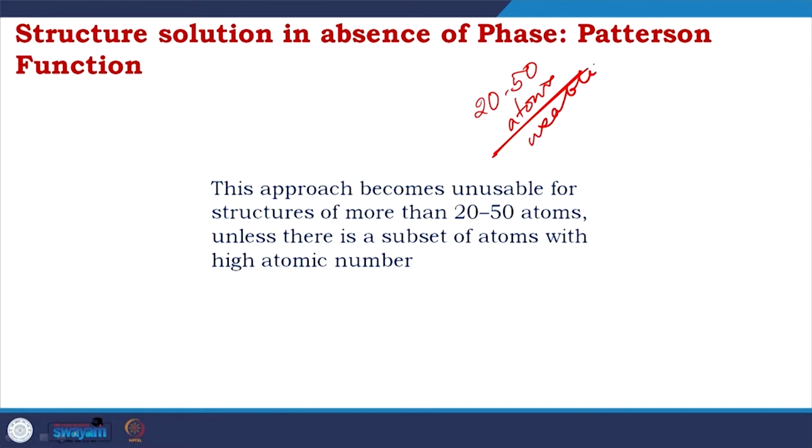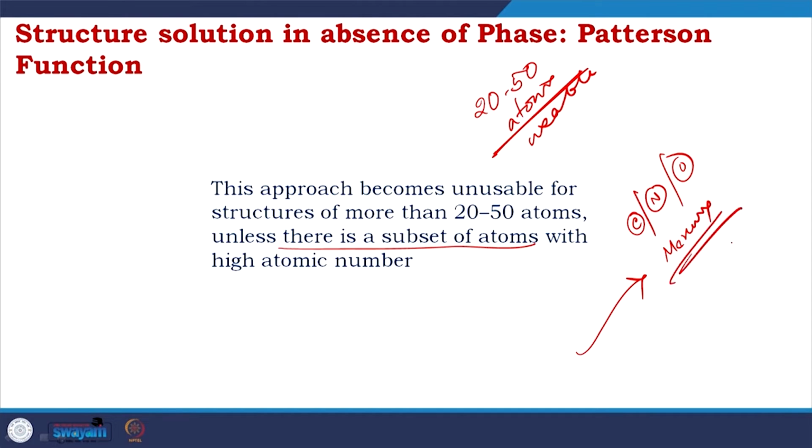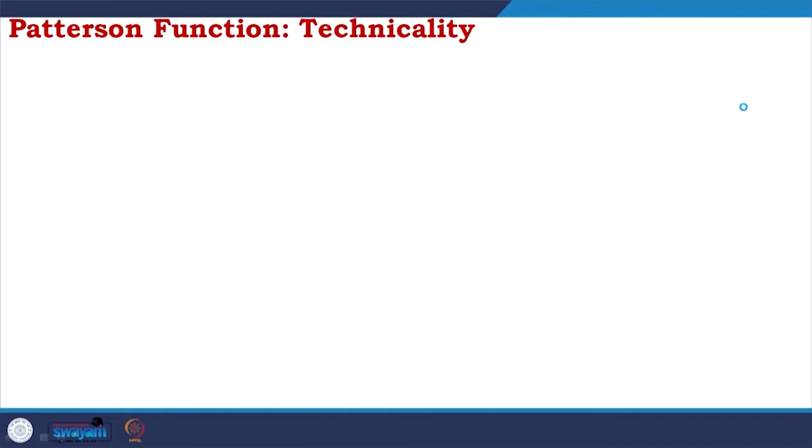The second part is, unless there is a subset of atoms with high atomic number. So, in protein, if you remember, and I will talk about this, there is carbon, there is nitrogen, there is oxygen. Now, if you put in a mercury, the intensity is much higher. So, you have a chance of using it. You get it? That is one of the key factors.